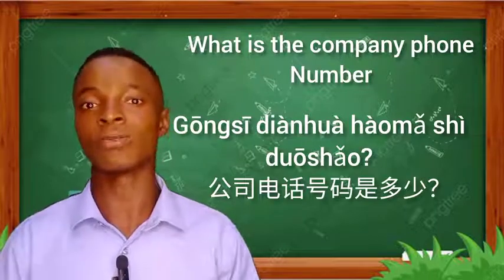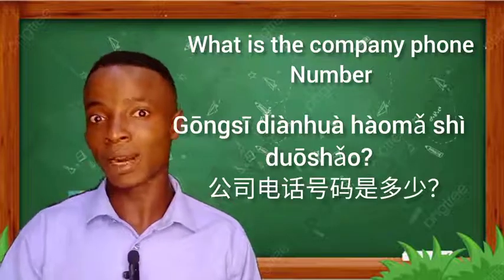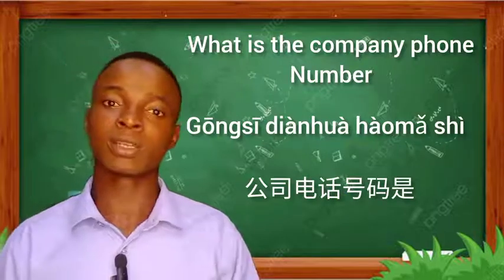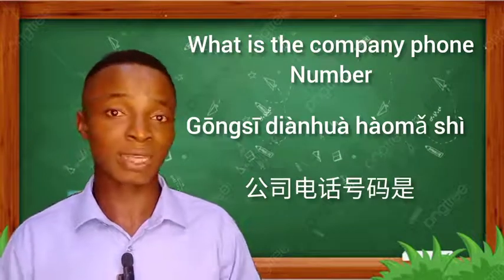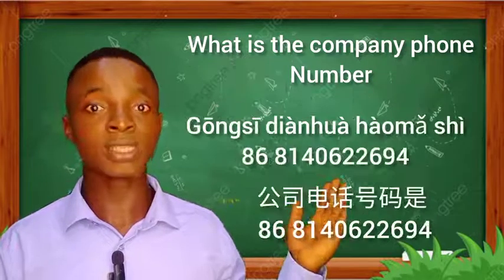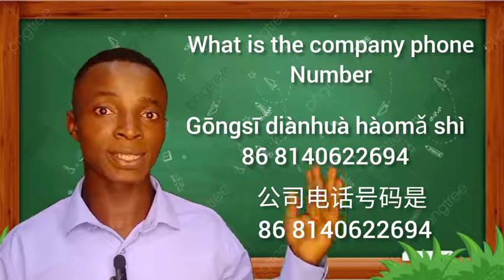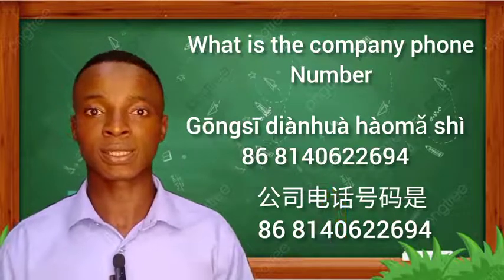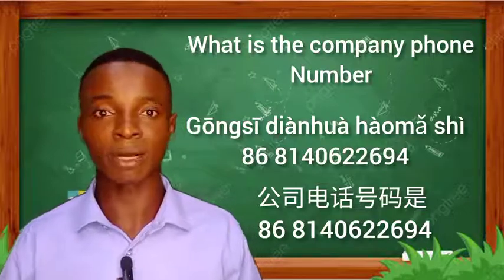In response, using that same formula, 公司电话号码是. Let's practice it with the previous number we've learned. We have 公司电话号码是86-814-622-694. That is in response.